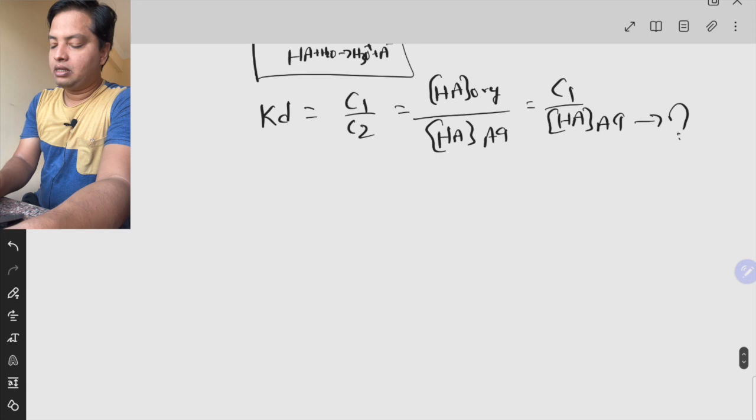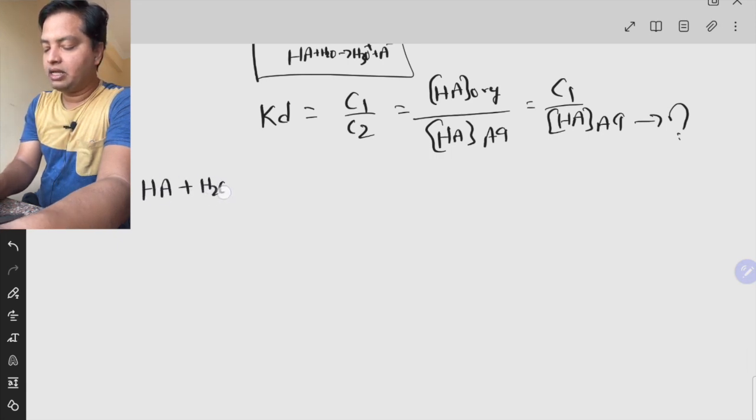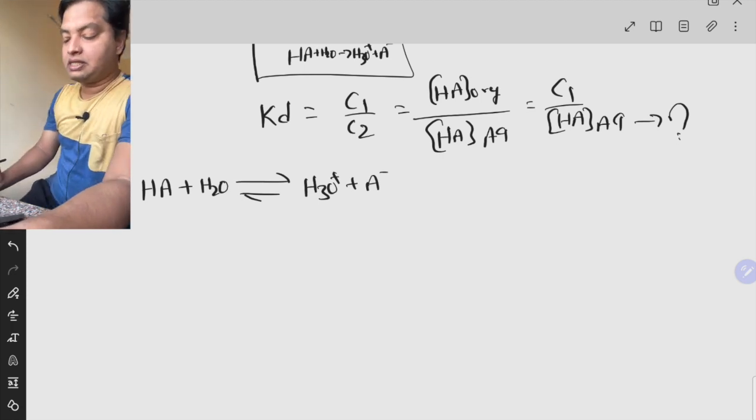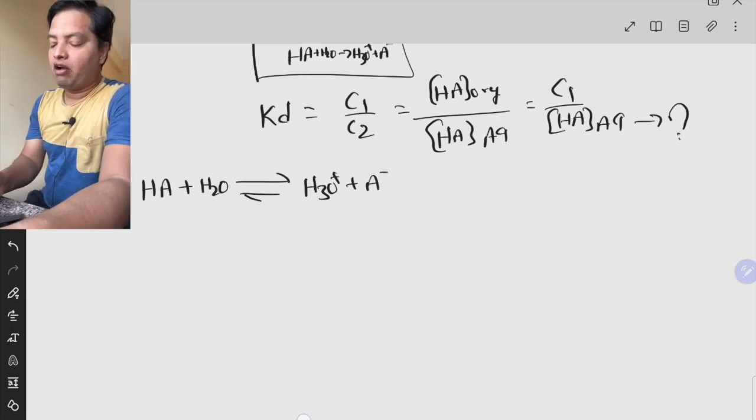Your molecule, when it is entering into the aqueous layer, it is reacting with water and it is forming H3O plus and A minus. That was the equation for this. Now, apply law of mass action.